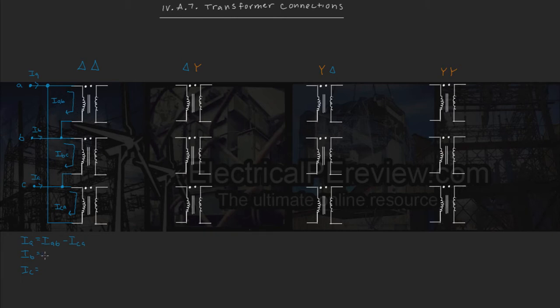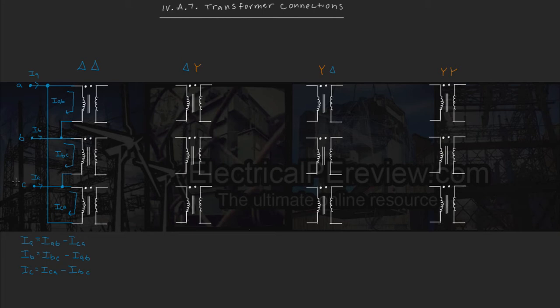So IB is going to equal IBC minus IAB. And last, if we follow the diagram, we've got IC entering is going to equal ICA leaving minus IBC entering. So we've got IC is going to equal ICA minus IBC.